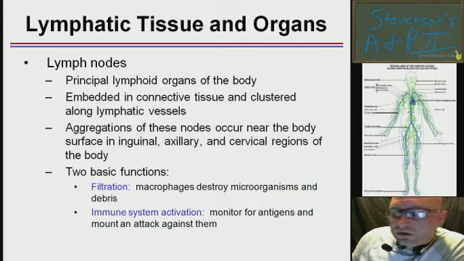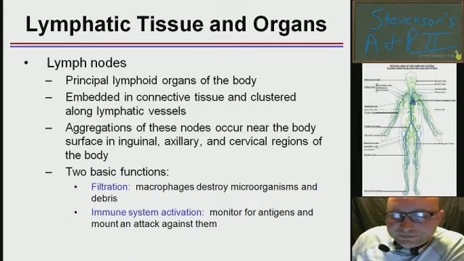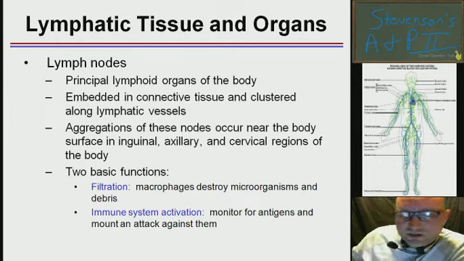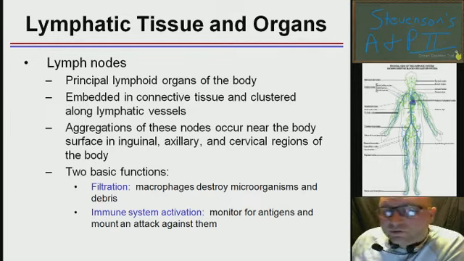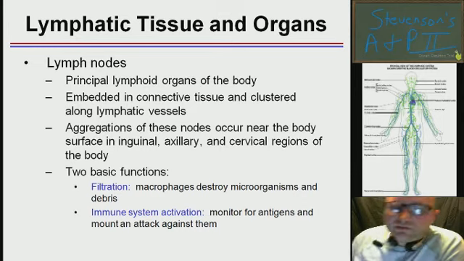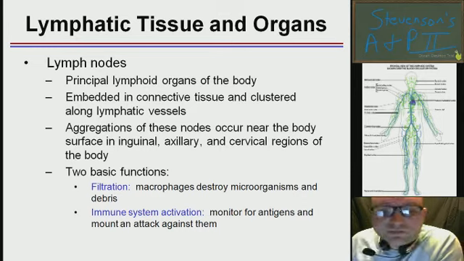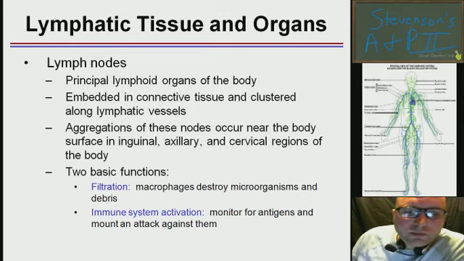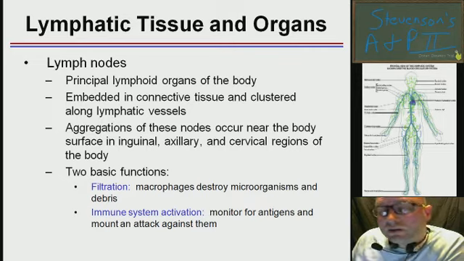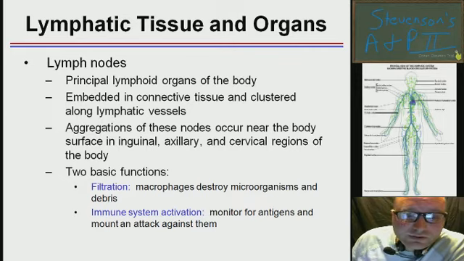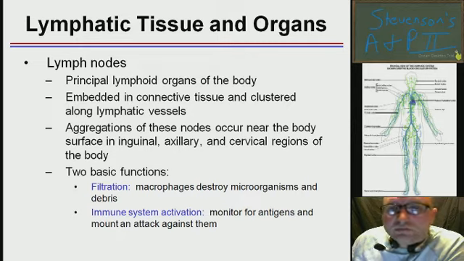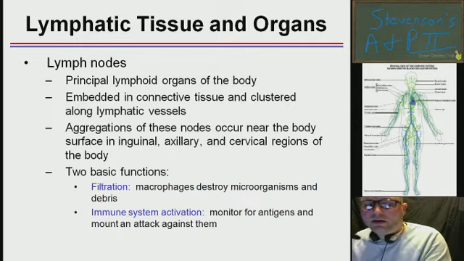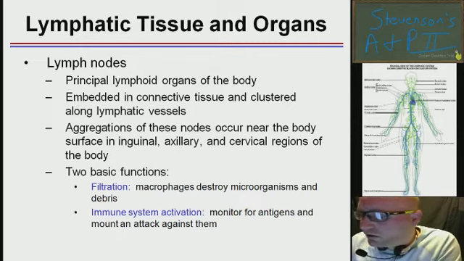Macrophages, your attacking white blood cell types, will destroy microorganisms and debris, but remember they're not white blood cells when they're in the lymphatic system. They're lymphocytes. And then they also provide the ability to activate the immune system by monitoring for antigens and mounting an attack against these antigens when they enter into the system.